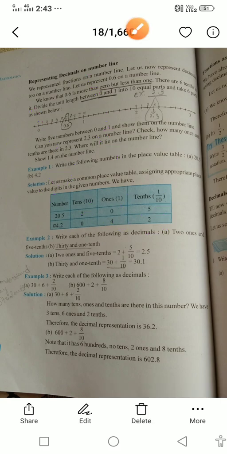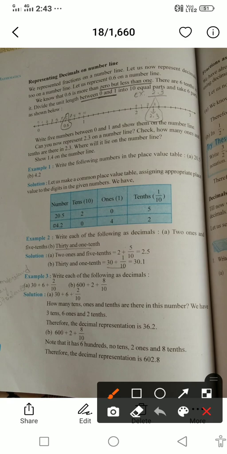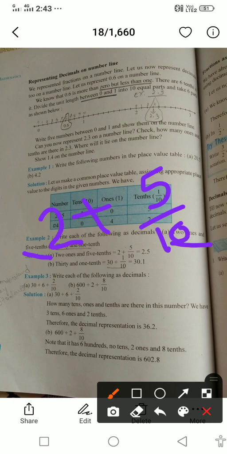Now the second example, that is another trick. Write each of the following as a decimal: 2 ones and 5 tenths. See, 2 ones and 5 tenths. So 2 times ones and 5 tenths. Tenths means 5 tenth parts.